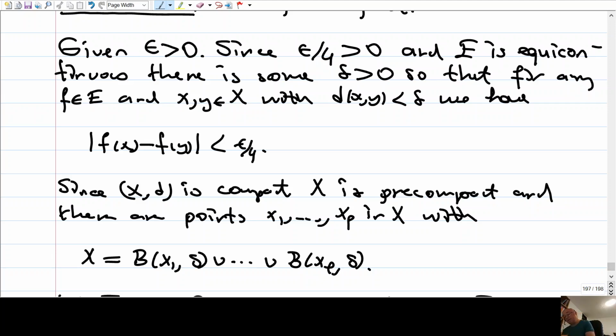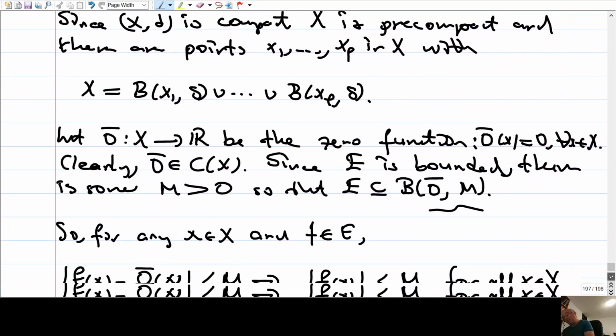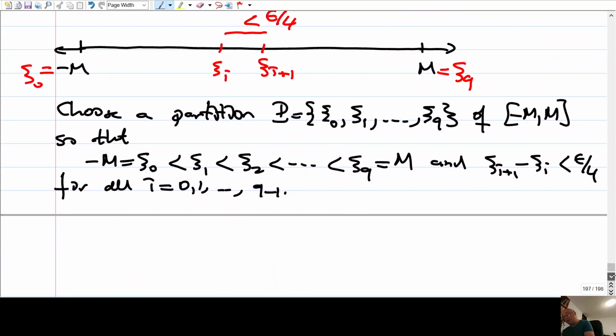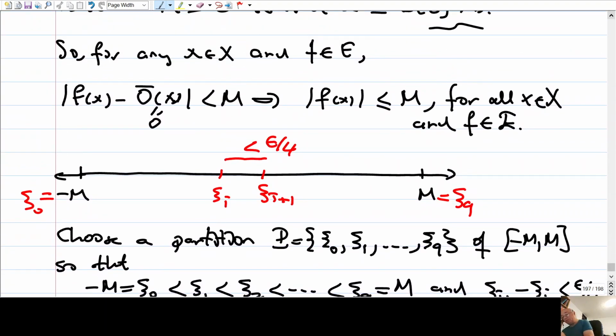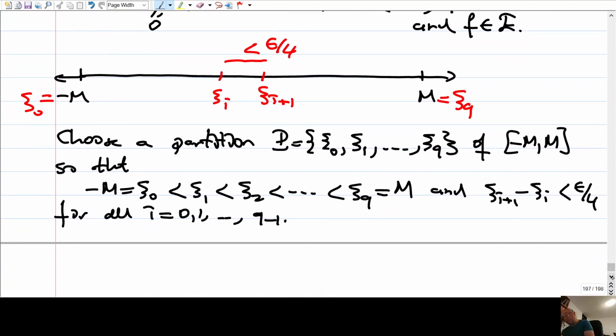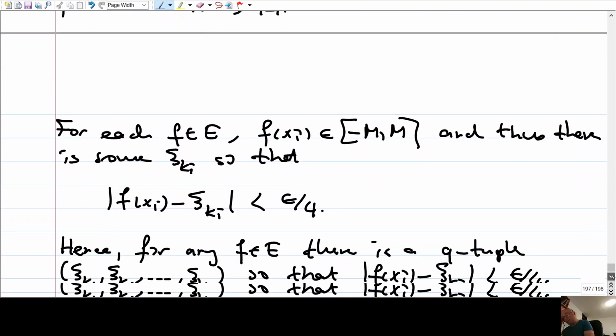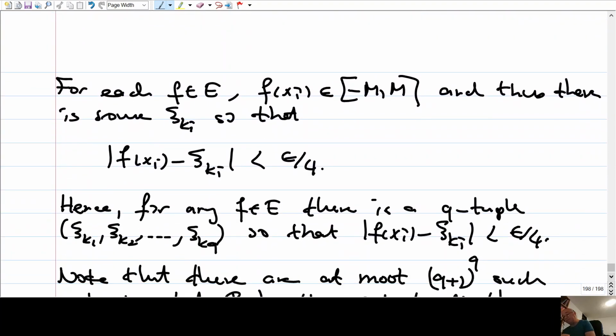Oh, I see. Here we have only rho points in X. Therefore, I have to be rho points. How many i's do I have?